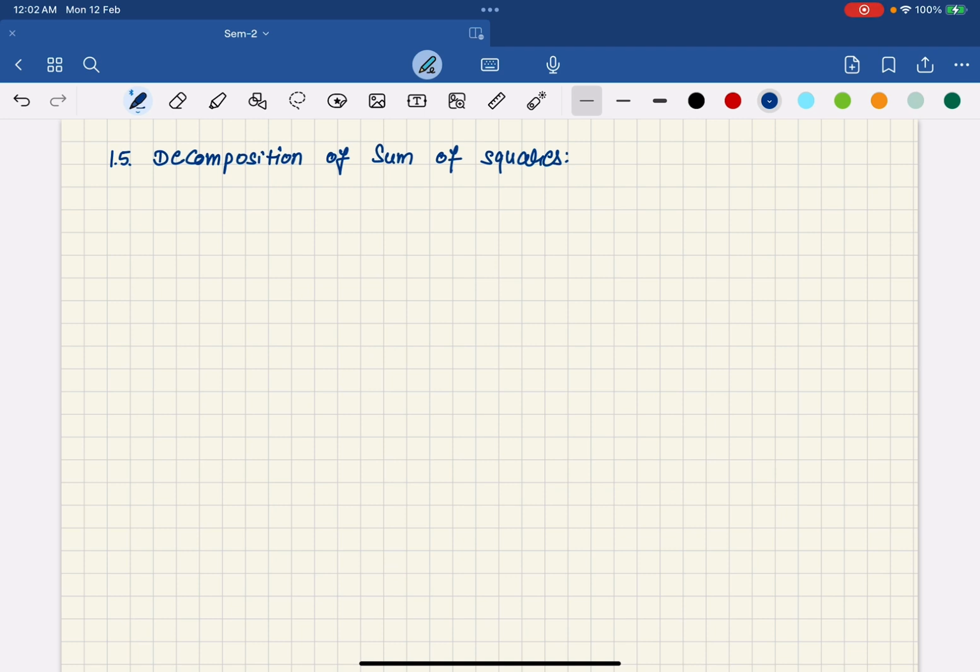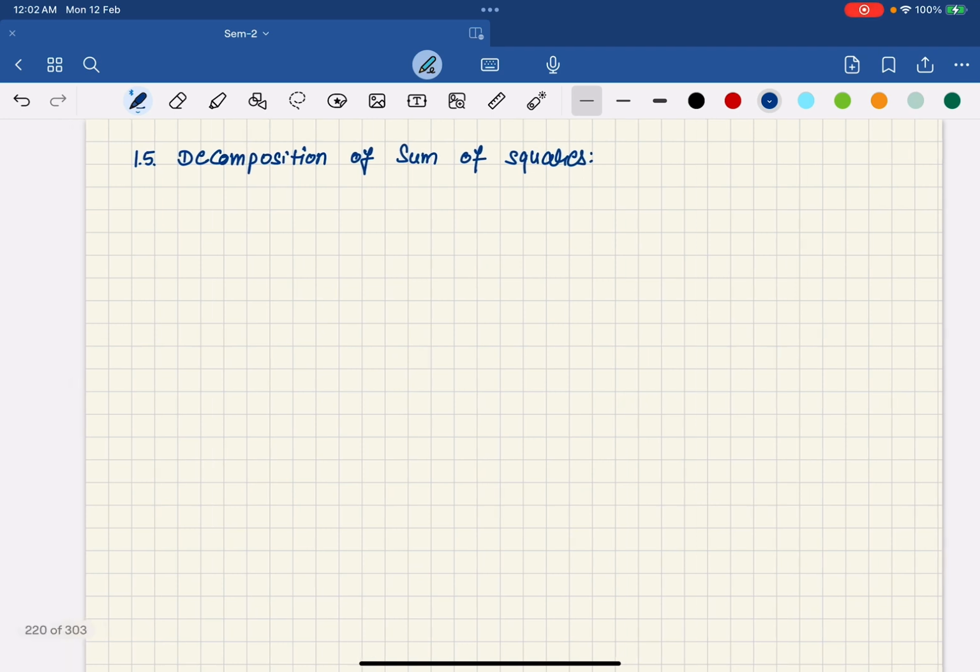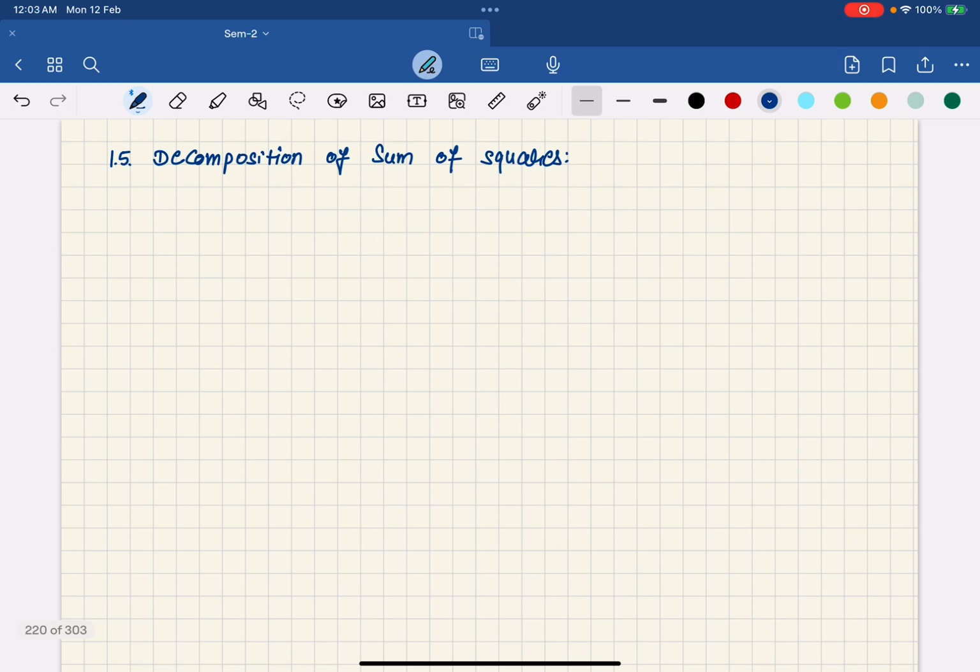There are so many ways to look at this decomposition. Okay, and in this video we will discuss 3 cases in which you can look at this decomposition of sum of squares. Okay, so our first method is going to be the geometrical method.